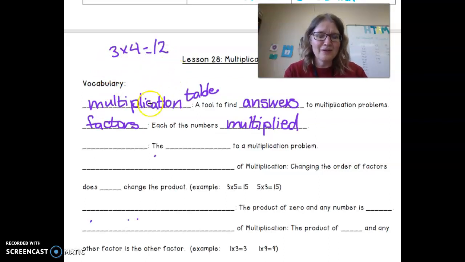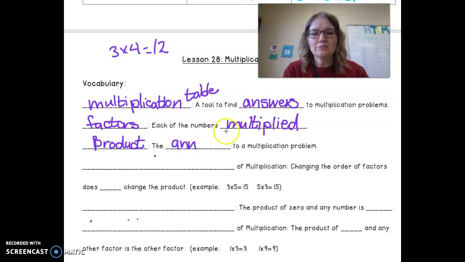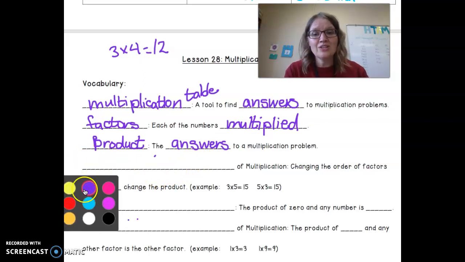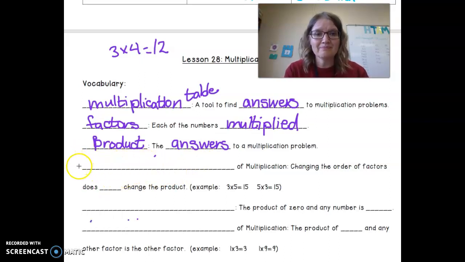A former student once said, Mrs. Daw, factories make products. Since then I've always remembered it that way. So the product is the answer to a multiplication problem. Sometimes you will see on your tests, what is the product of 2 numbers? They're wanting to know the answer to a multiplication problem.